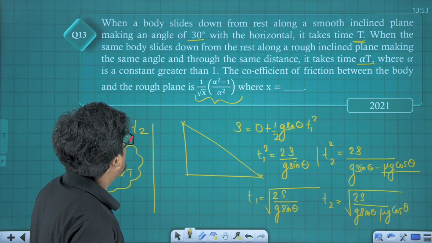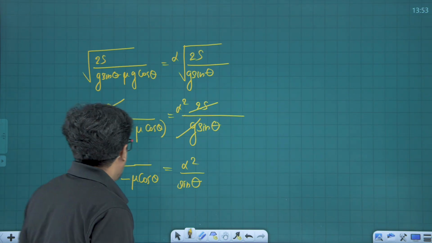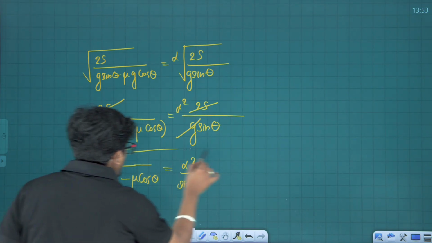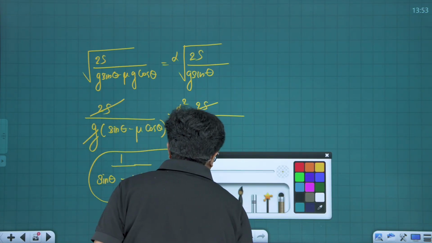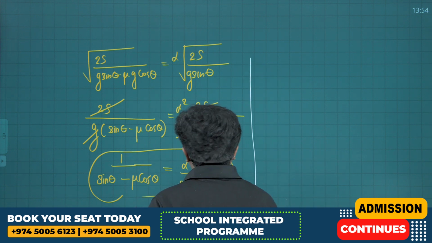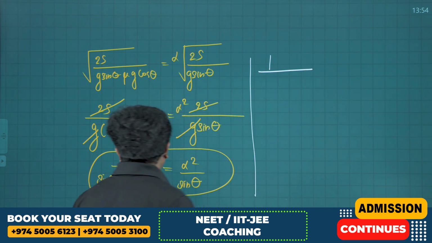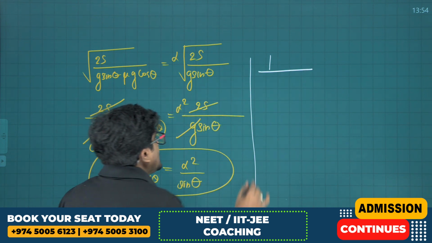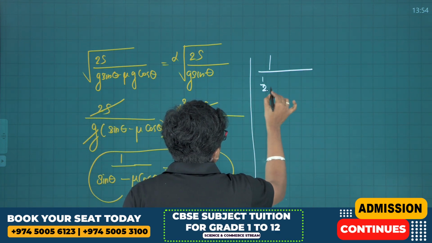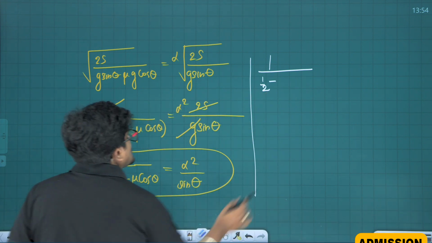Okay, now what is the inclination? Inclination is 30 degree. So let's take the advantage of that information. Let's do it in a different way.